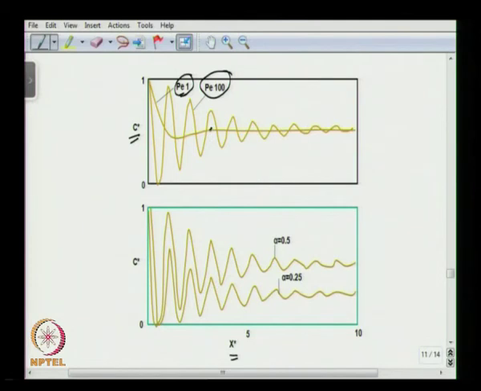So at this X it almost reaches a steady concentration very quickly. If the Peclet number is 100, the concentration is going to fluctuate along the flow direction and it takes a much longer time to reach a mixed concentration state.